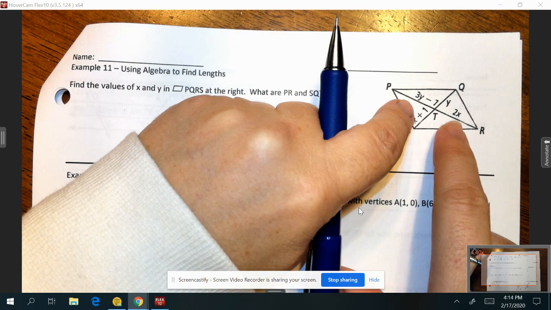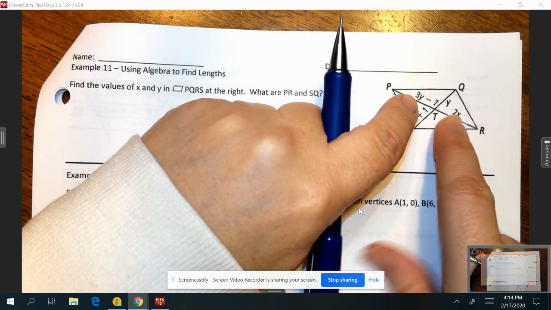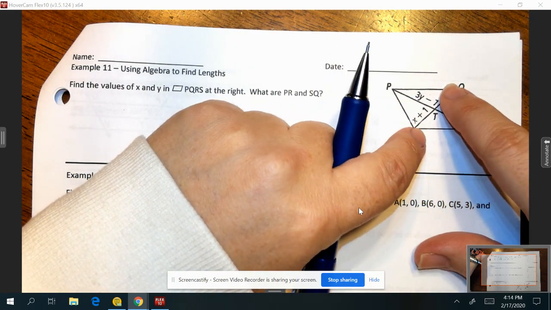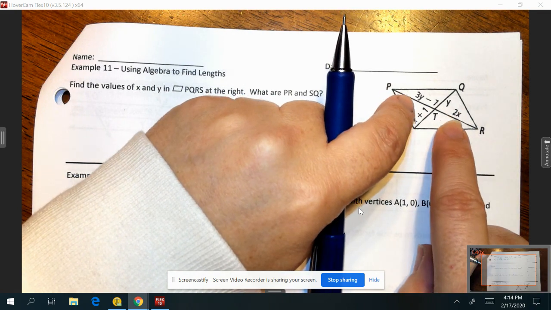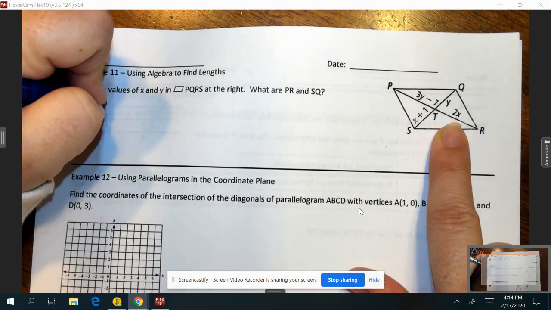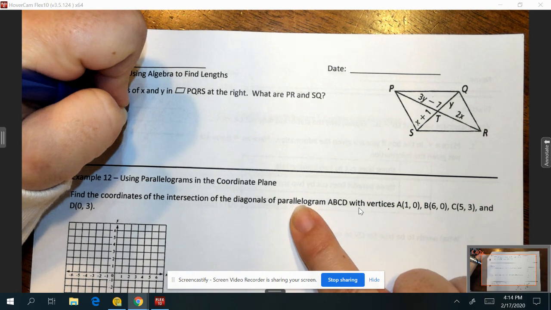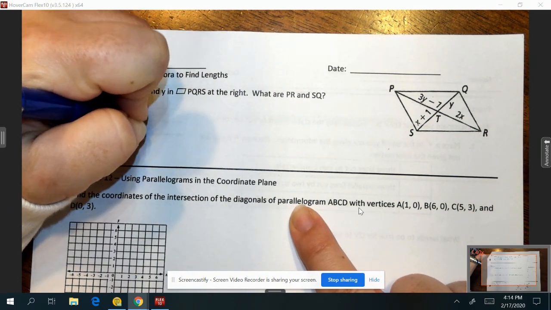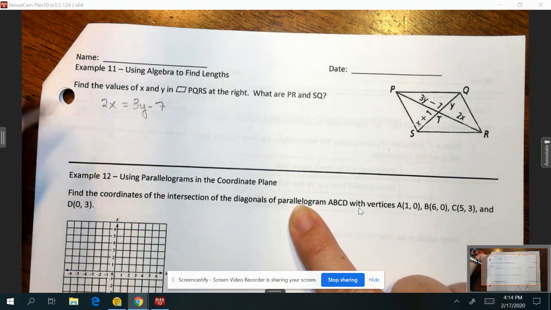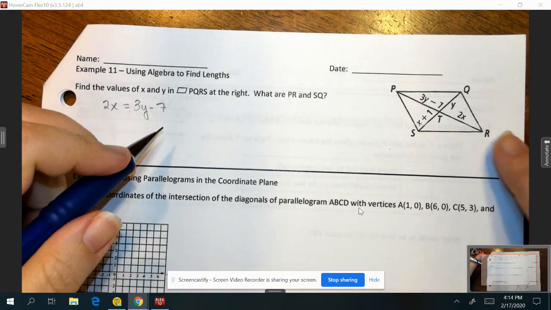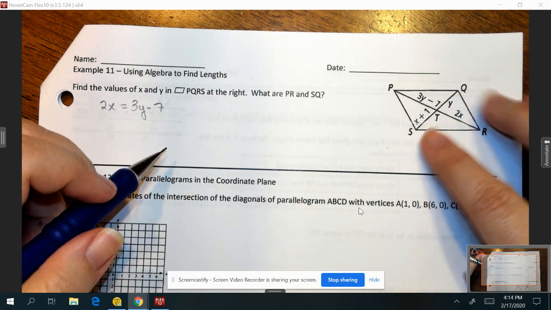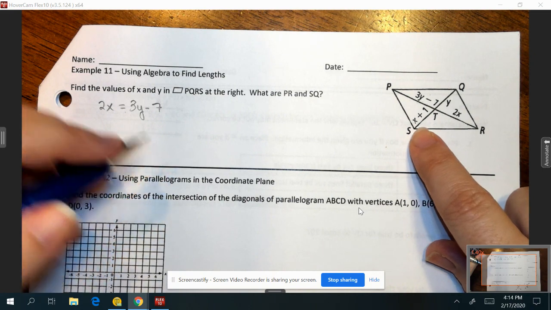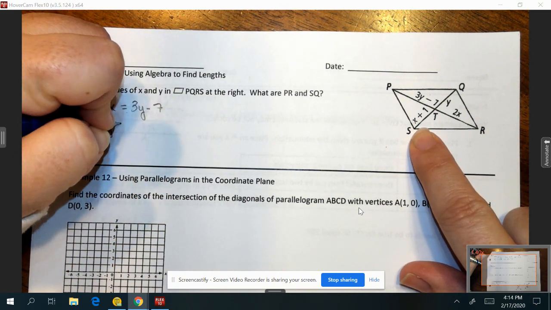So the two pieces of this diagonal are the same, and the two pieces of this diagonal are the same. Starting with PR, I would have 2x equals 3y minus 7. And on the diagonal QS, you're going to have y equals x plus 1.